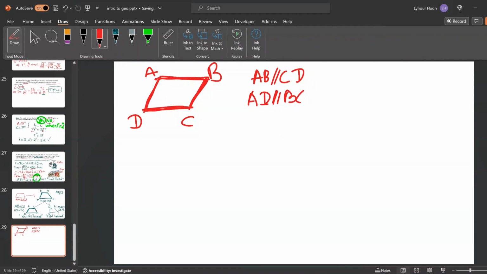Yes. So two opposite sides, AB and CD, are parallel, and AD and BC are also parallel. This we call a parallelogram. Yes, parallelogram. So this is called a parallelogram.